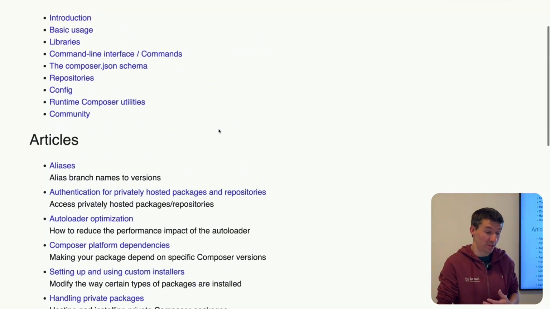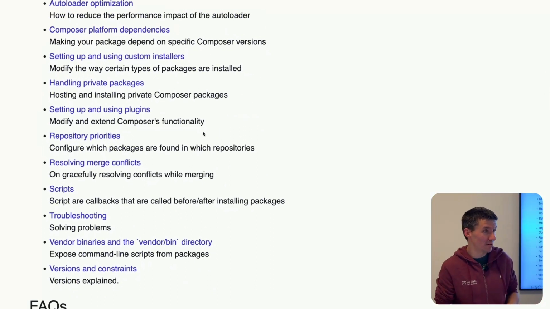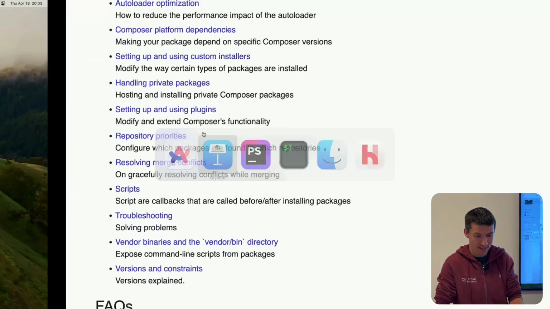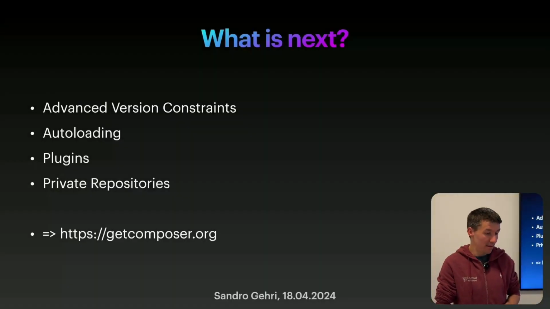One of the topics I haven't covered at all is Composer plugins. When you are developing a package, you can extend Composer with a plugin to do some fancy stuff when you install a package or upgrade a package. Then you can automatically run other scripts or whatever you like. And the last thing to mention, it's also possible to use Composer with private repositories.